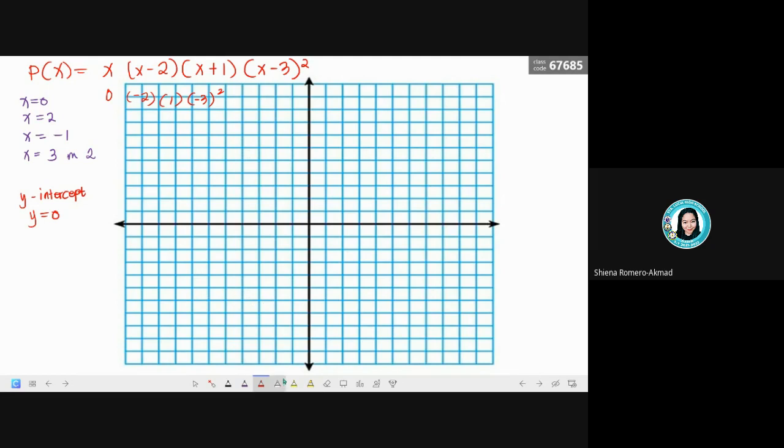So we have here, lagyan natin 1, 2, 3. Yung LC natin, go back to LC. LC is 1.